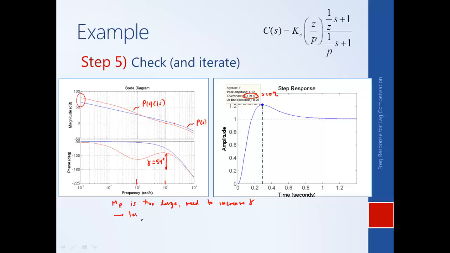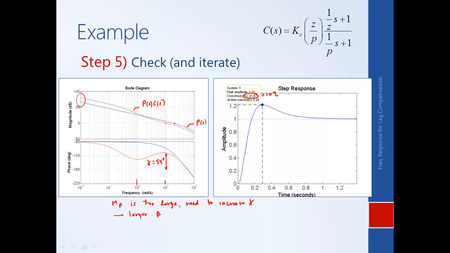is that a larger beta, a larger ratio between the zero and pole, will give a larger reduction. So, this drop in magnitude is due to the pole-zero ratio. And so if we use a larger beta, we'll get a bigger drop in magnitude.